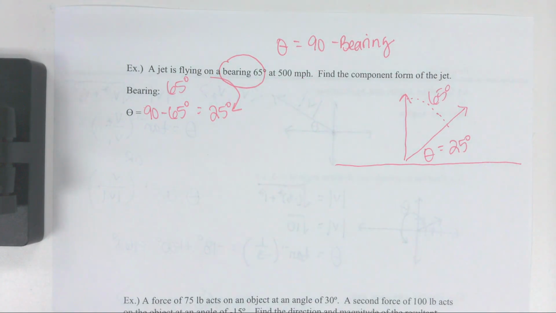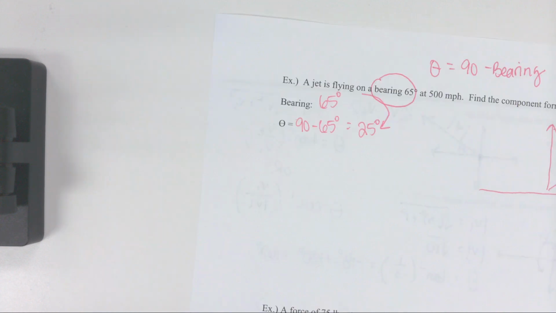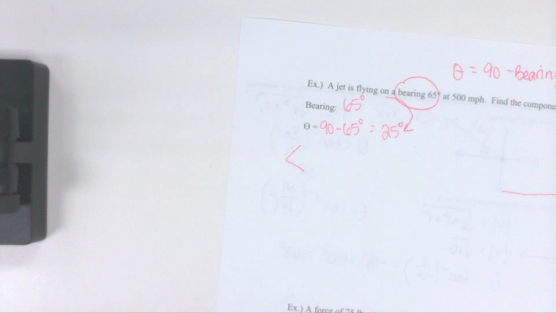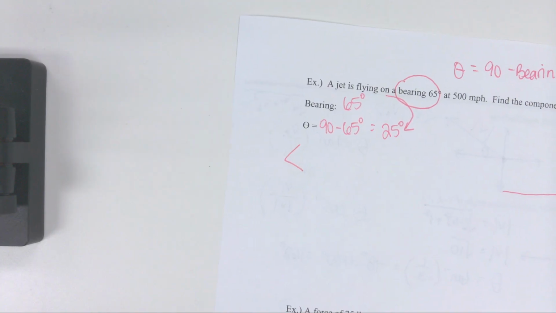If I'm talking about a jet, its magnitude is the speed. Okay, what's the speed that you're given? 500. Okay, so let's write the component form. Remember how I said it's magnitude times cosine the angle and magnitude times sine the angle?